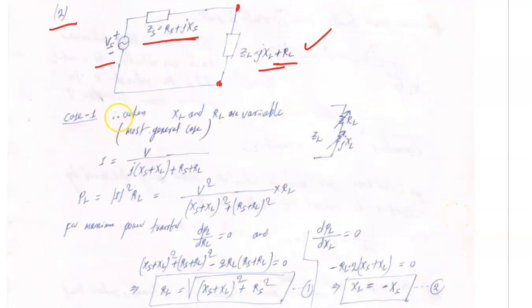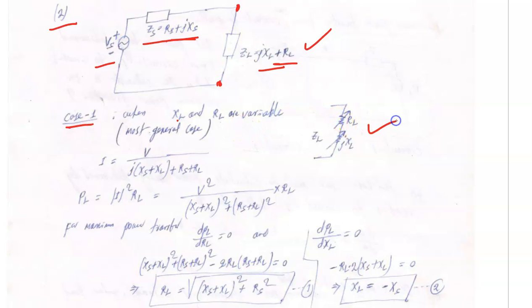So we have to consider three cases. Case 1, you have the opportunity to vary both XL and RL. Normally this does not happen. Normally we have control over the RL, but we will discuss the most general case when both XL, that is the load reactance, and the load resistance can be varied.